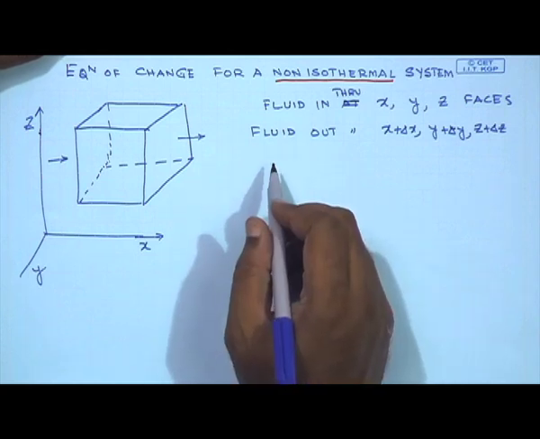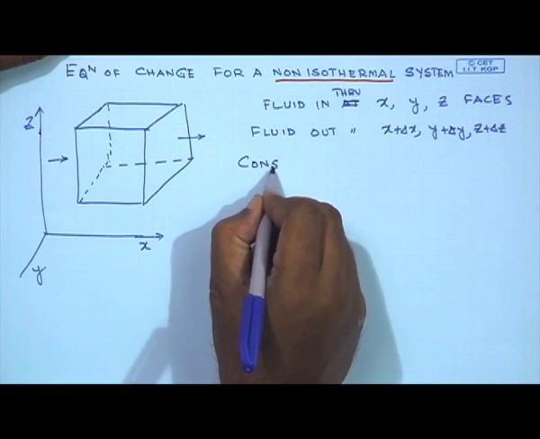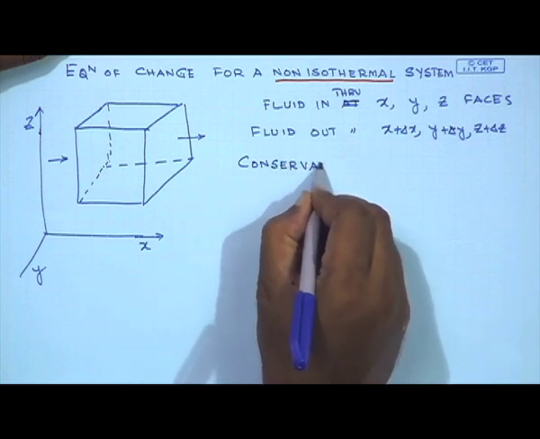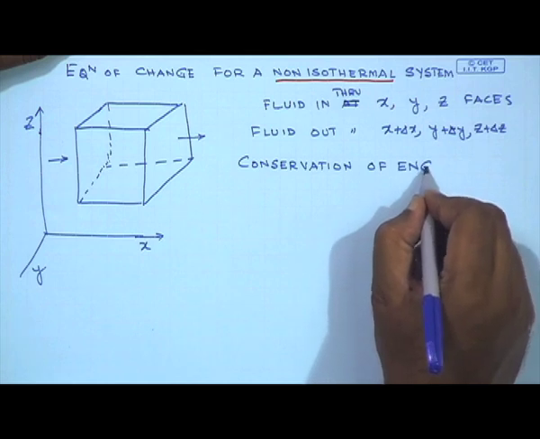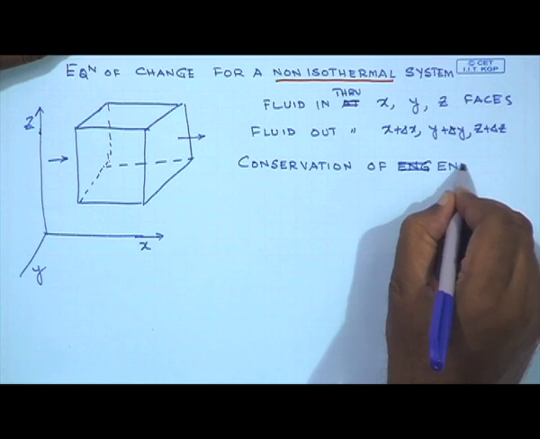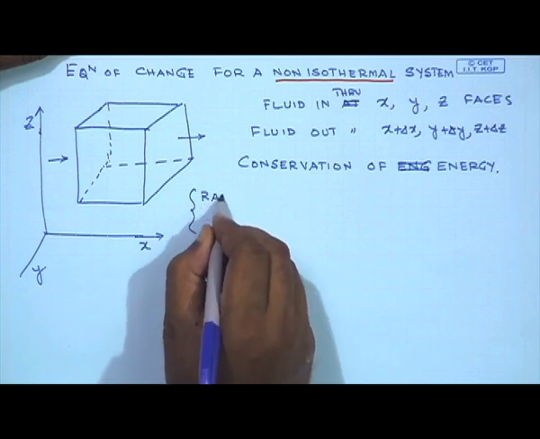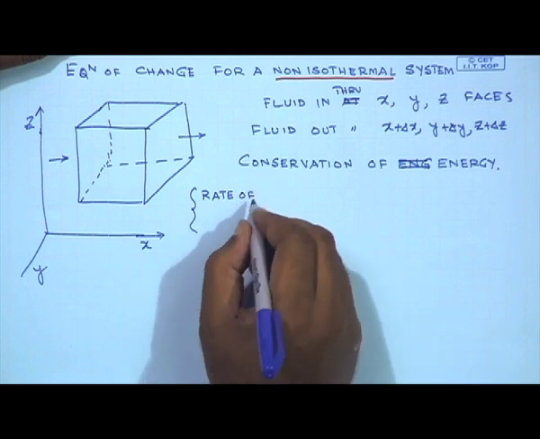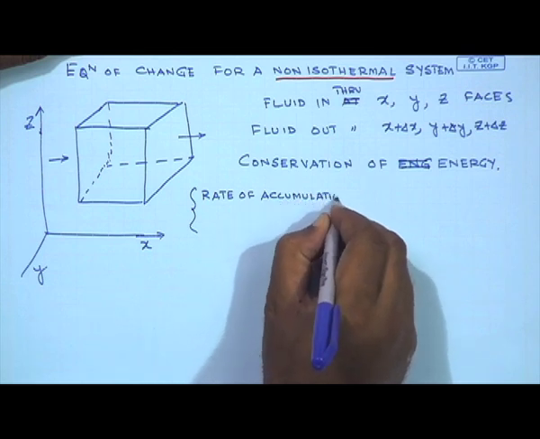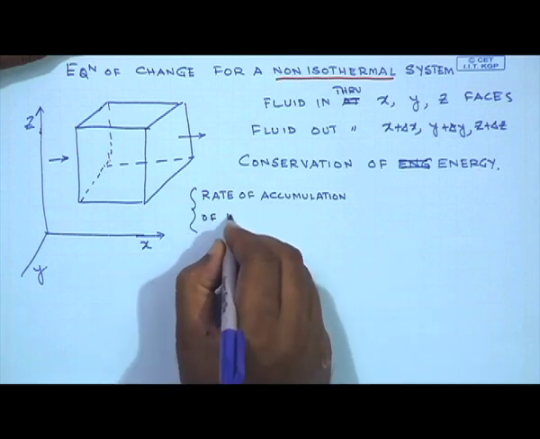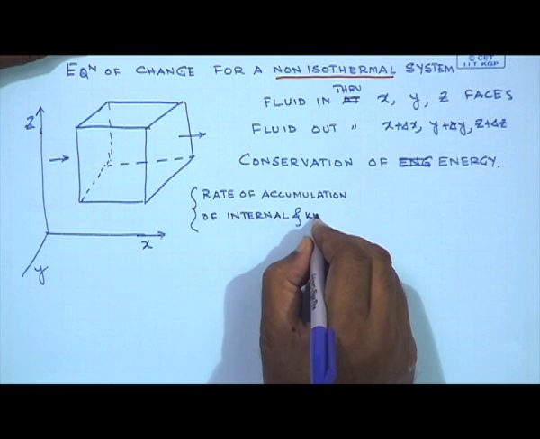So, if I write the energy equation, the conservation of energy, for such a system, then one can write the rate of accumulation of internal and kinetic energy.